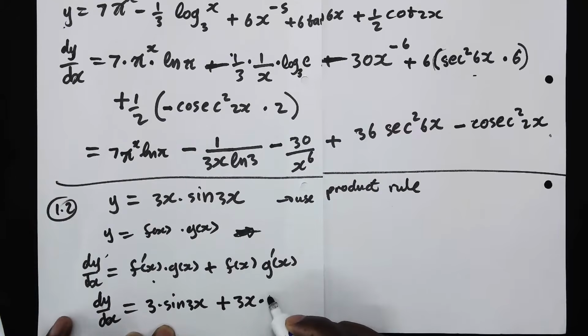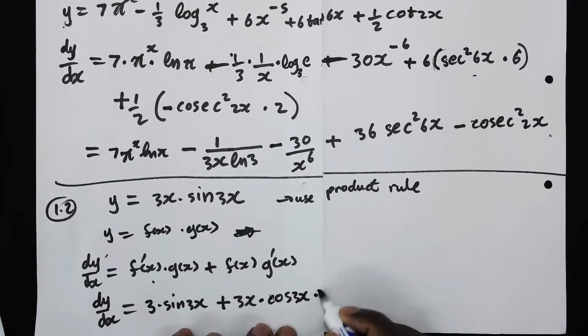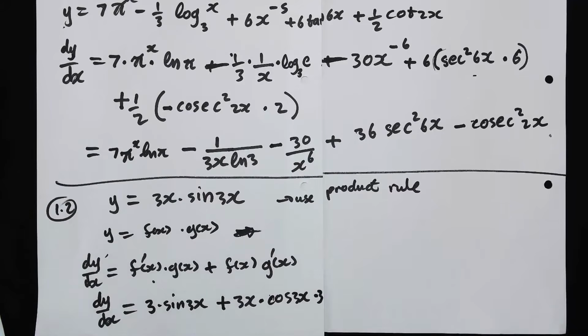What is derivative of sine 3x? So it is cos 3x from left to right. And we need to multiply by the derivative of the angle. What is derivative of the angle? It is 3, isn't it? So derivative of 3x, it is 3.